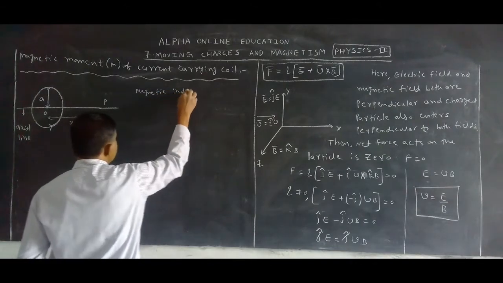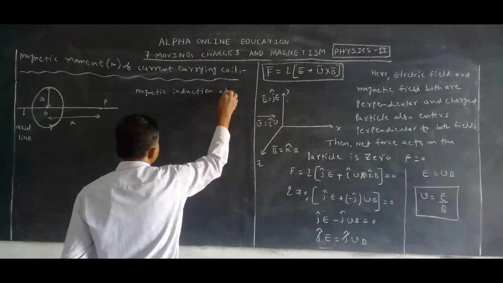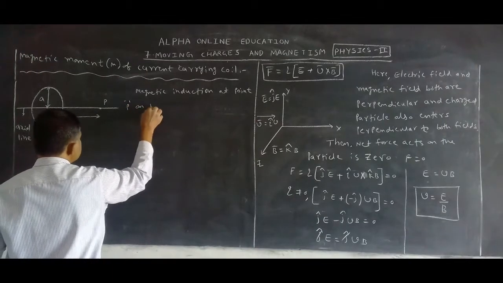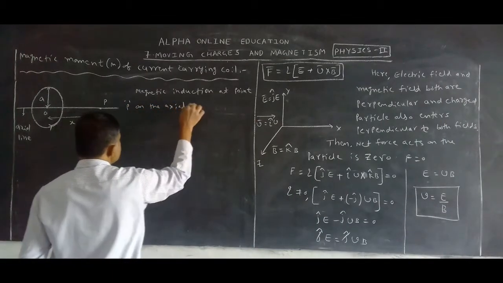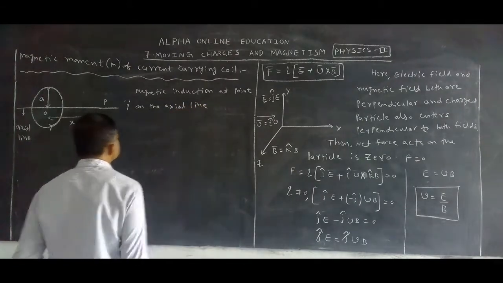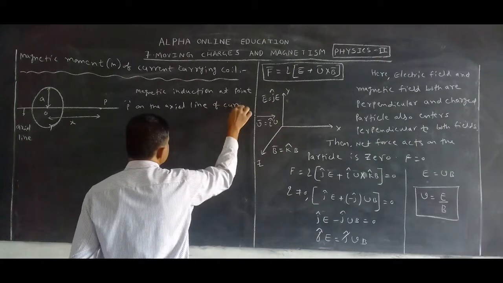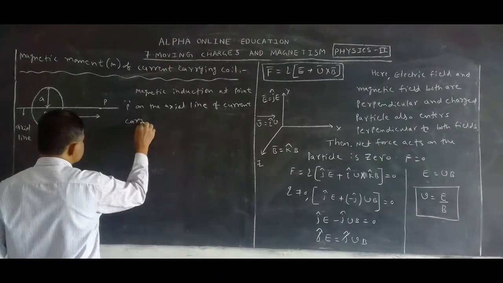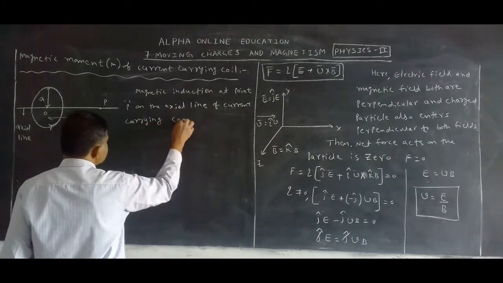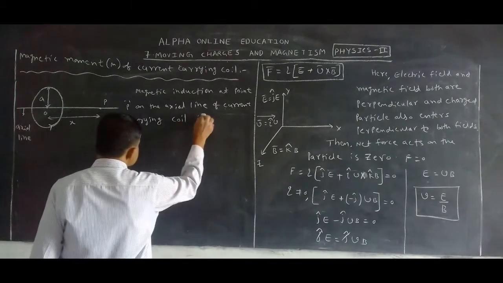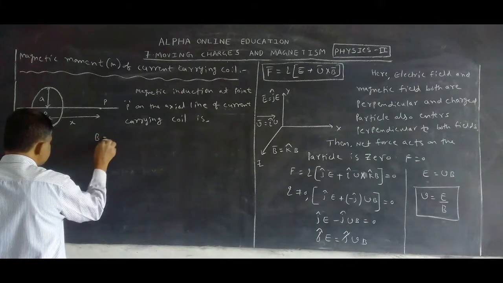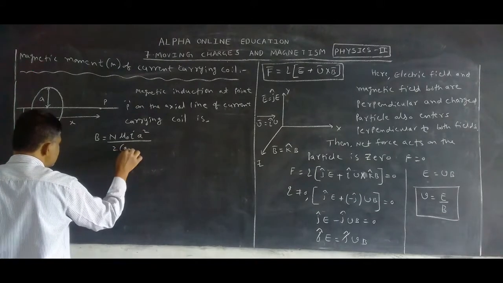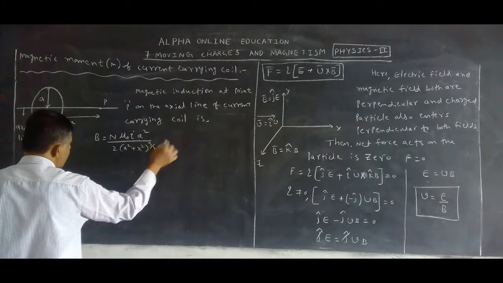The magnetic induction at point P on the axial line of a current carrying coil is, we know that B = N mu 0 I A square by 2 (A square + X square) whole power 3 by 2.